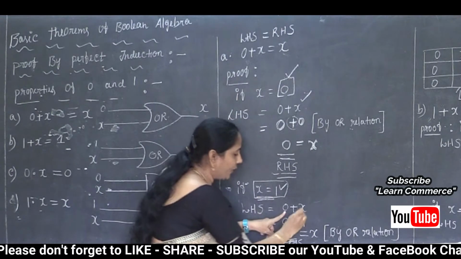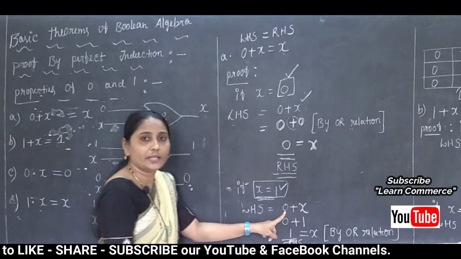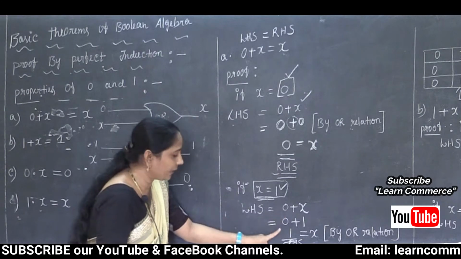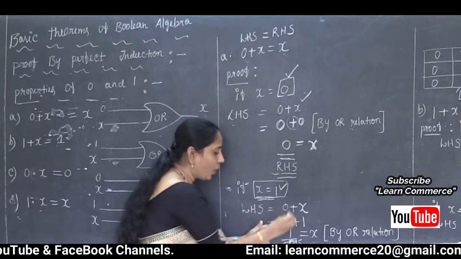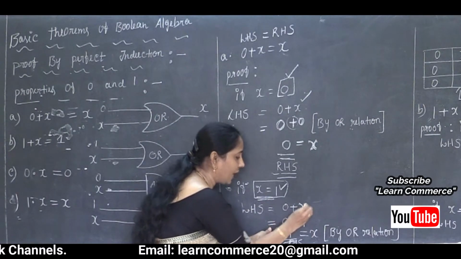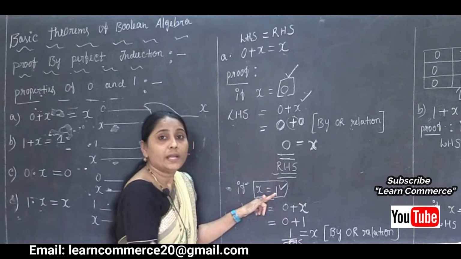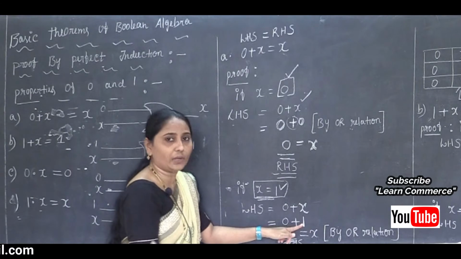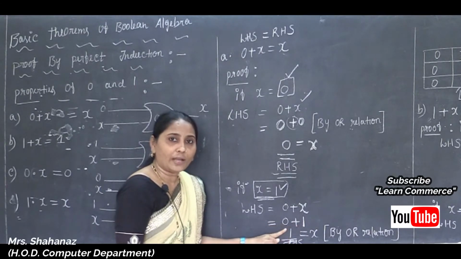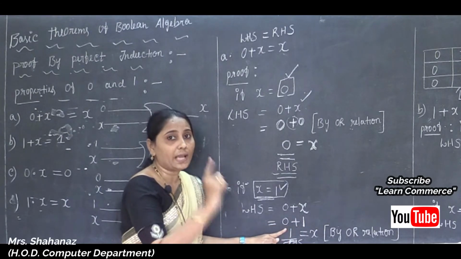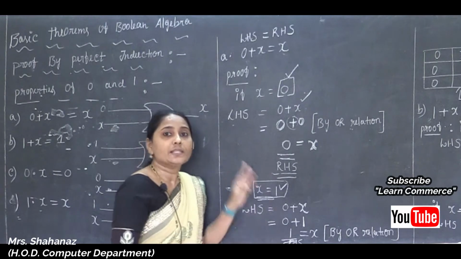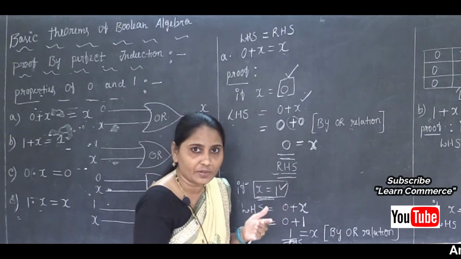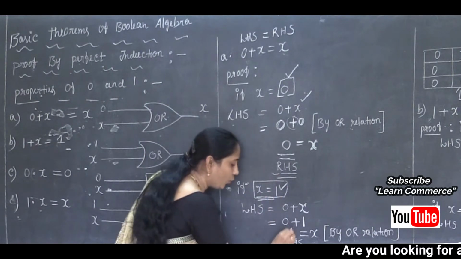So again I write 0 plus x here, and next, the 0 as it is, plus, and what is the x value? The value is 1. So in place of x I am using the value 1. Now when you add 0 plus x, what is the answer? The answer is 1 only.